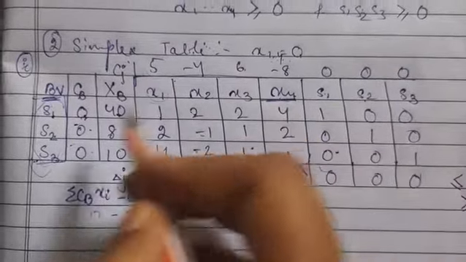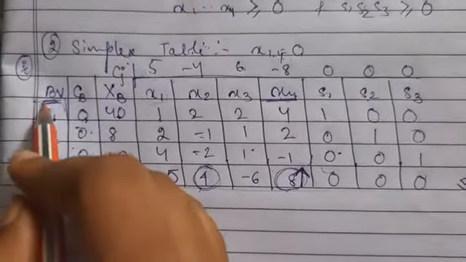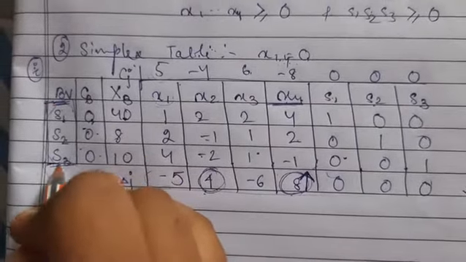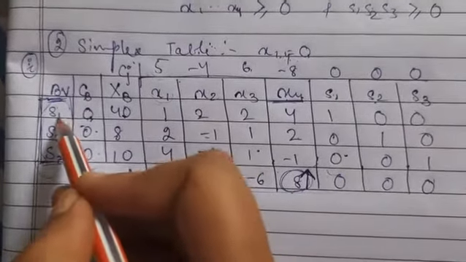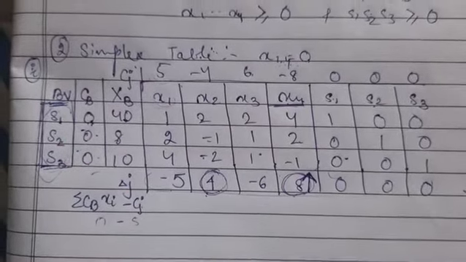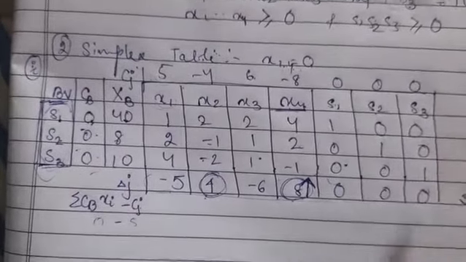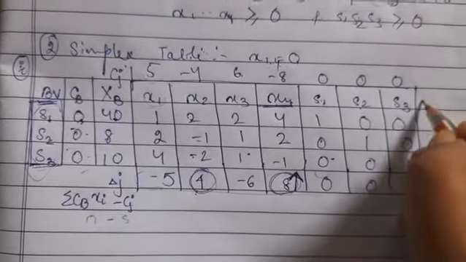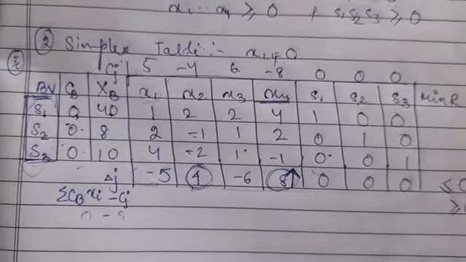If x4 is entering and we have only 3 places fixed, which one amongst S1, S2 and S3 will come out, or is the leaving variable? That will be known from the feasibility test or the minimum ratio.